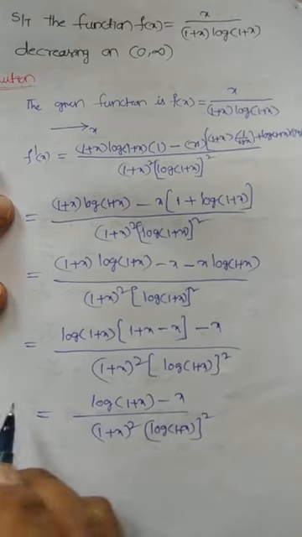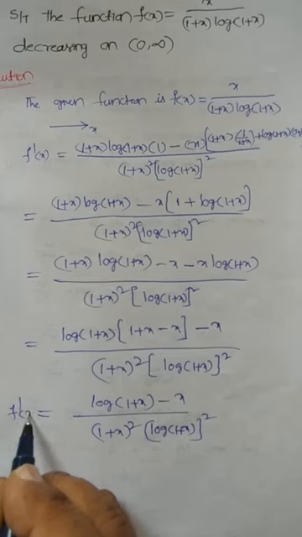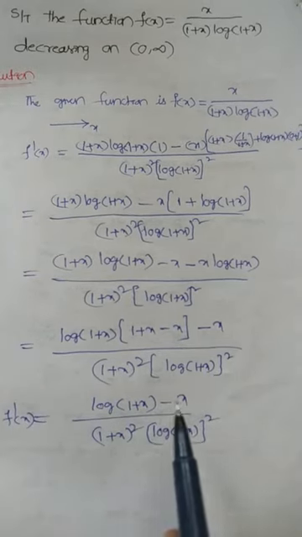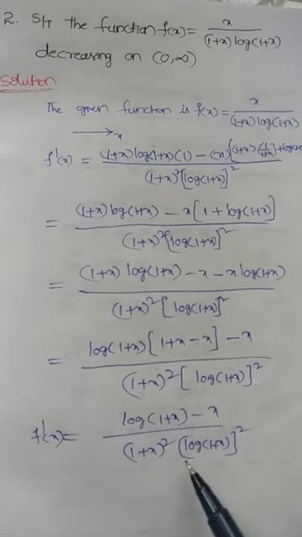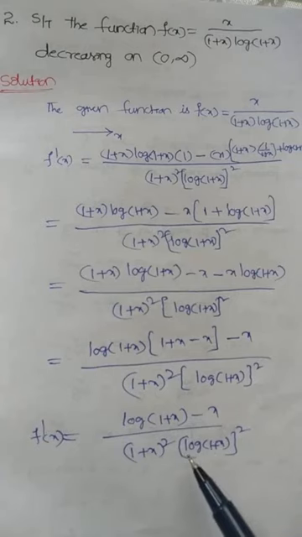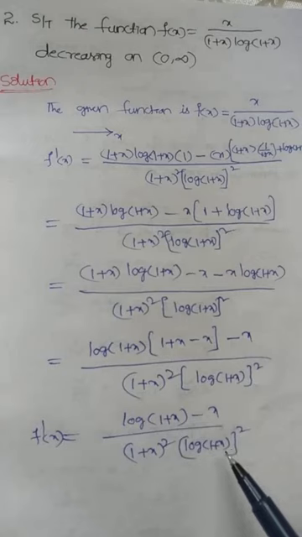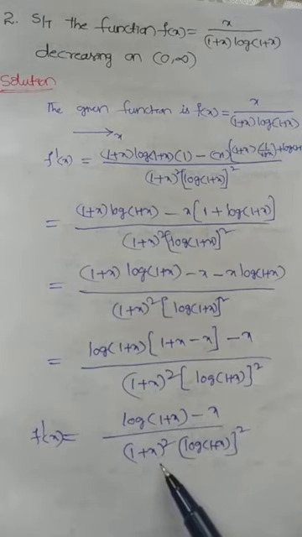That is our f dash of x. Now we have to find whether it is greater than 0 or less than 0 in this interval. Observe that the denominator is positive, because it is a square term, and this is also a square term.